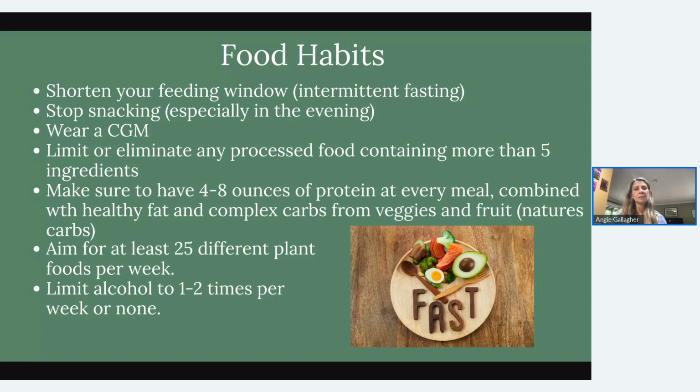Okay, make sure you have 4 to 8 ounces of protein at every meal. If you are a smaller woman, you might lean closer to 4 to 5 ounces. If you are a larger man, then you might lean closer to 6 to 8 ounces. There's a couple different ways to look at protein. One of the functional medicine doctors I work with recommends people get 1 gram of protein per pound of ideal body weight. That could be for people who are trying to gain weight.